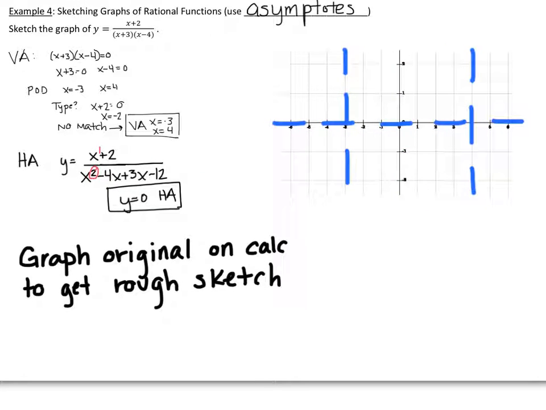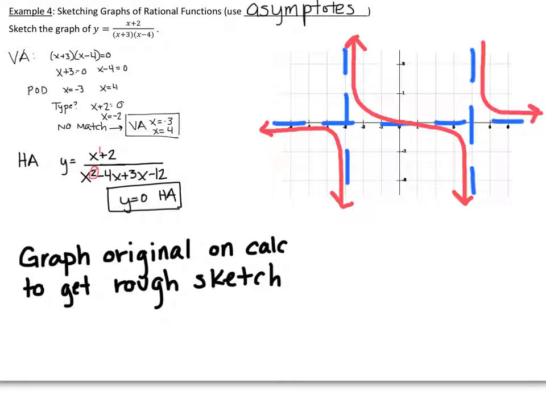Watch the order that it goes in, because you'll see that at -3, it gets close to -3 and then starts going down. Then from -3 on, it starts up high and then goes over to the 4 and goes down. Then from the 4 going on, it starts up high and then goes out to the right. So that's what your graph looks like.